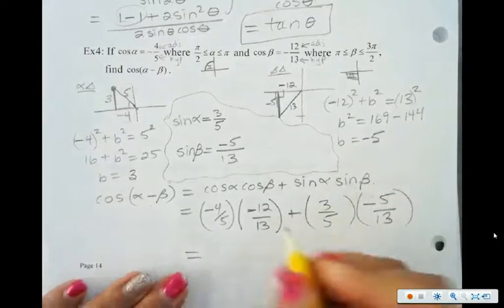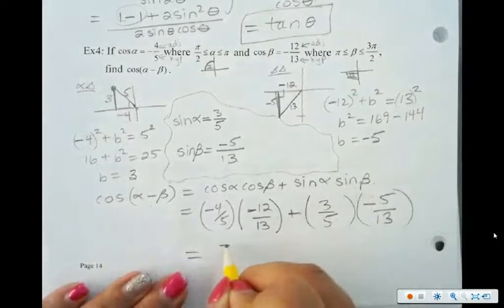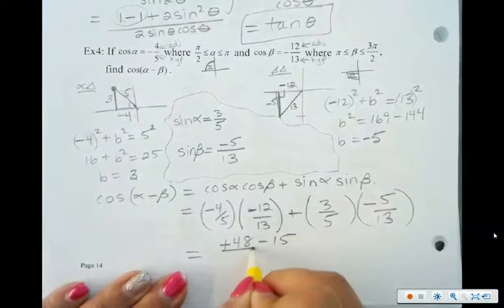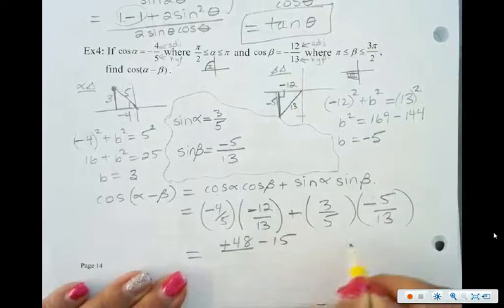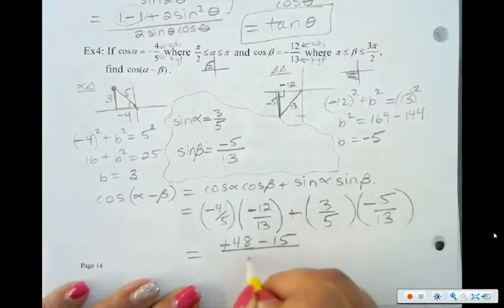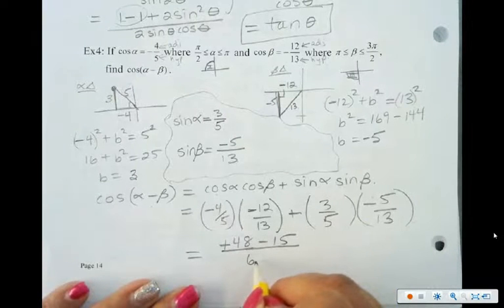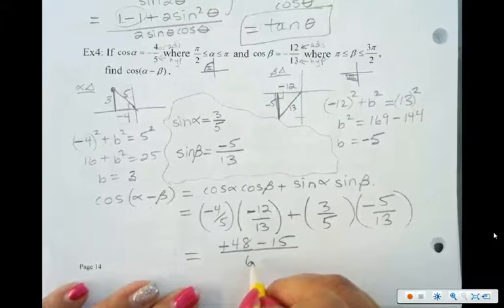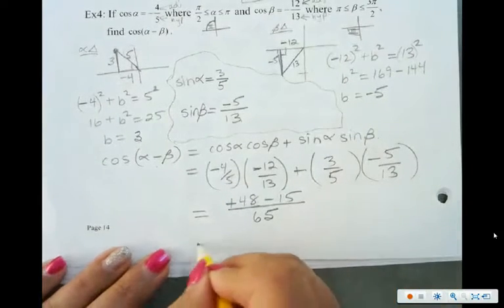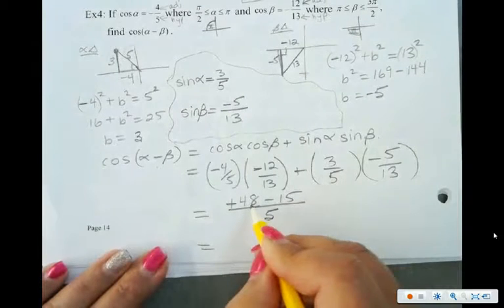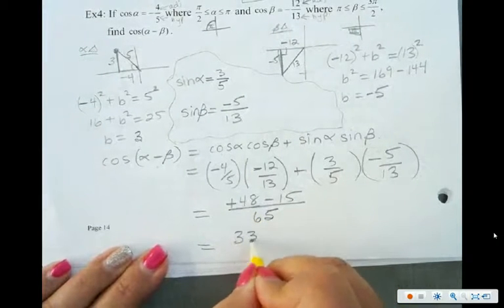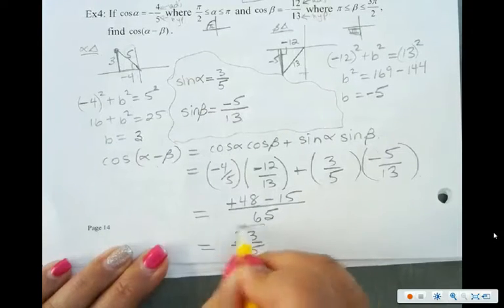And multiply it together, do the hokey pokey, and turn yourself around. So what is it all over? What's 13 times 5? 65. So the numerator is 33 over 65.